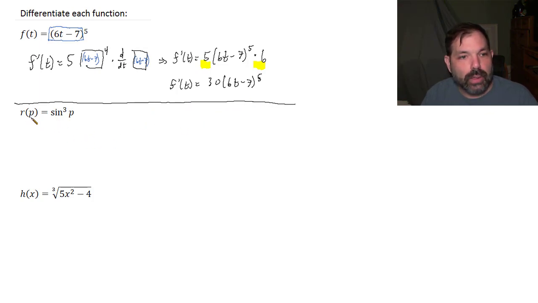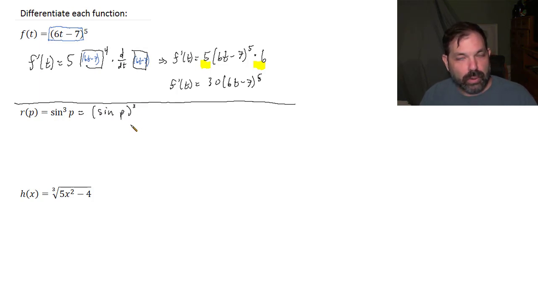Now r of p is sine cubed of p. Remember that this is the same as writing sine of p raised to the 3rd power.